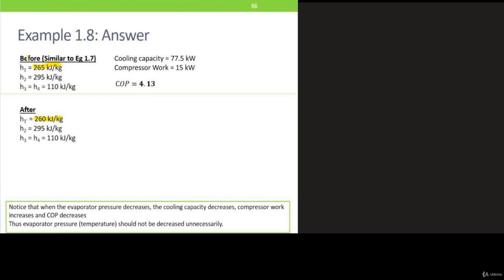Remember your Q evap formula is equal to m dot (H1 minus H4). So if H1 is affected, that means this value will change. So it will affect your Q evap. Similarly, work done by compressor is equal to H2 minus H1.